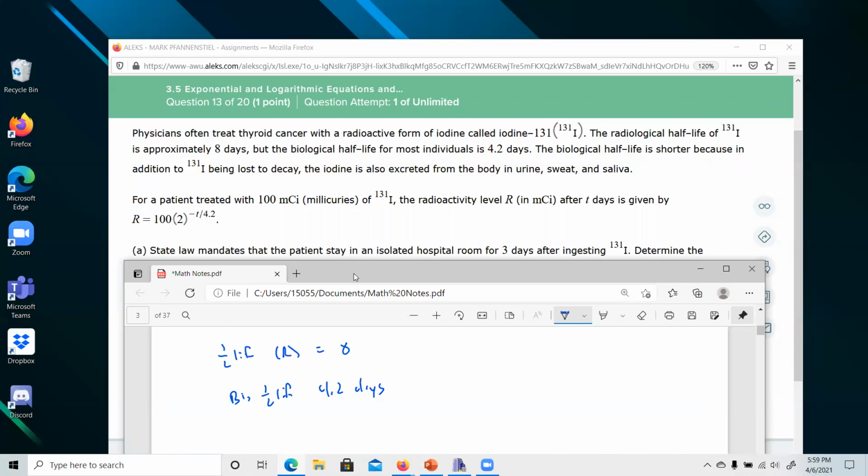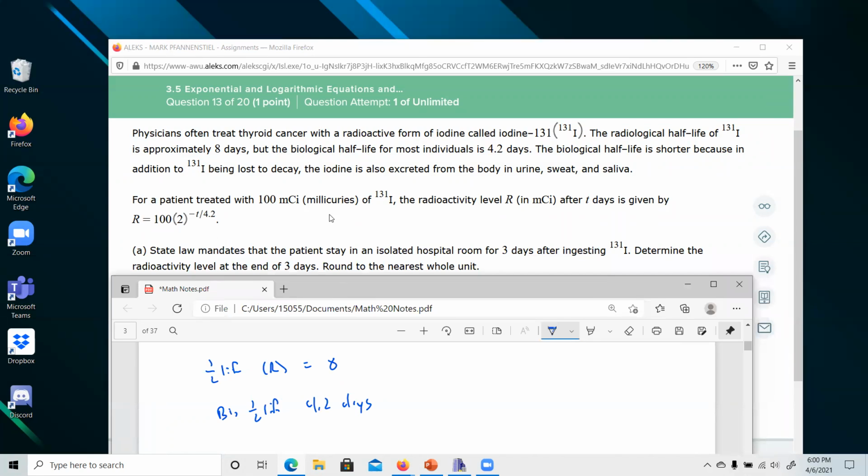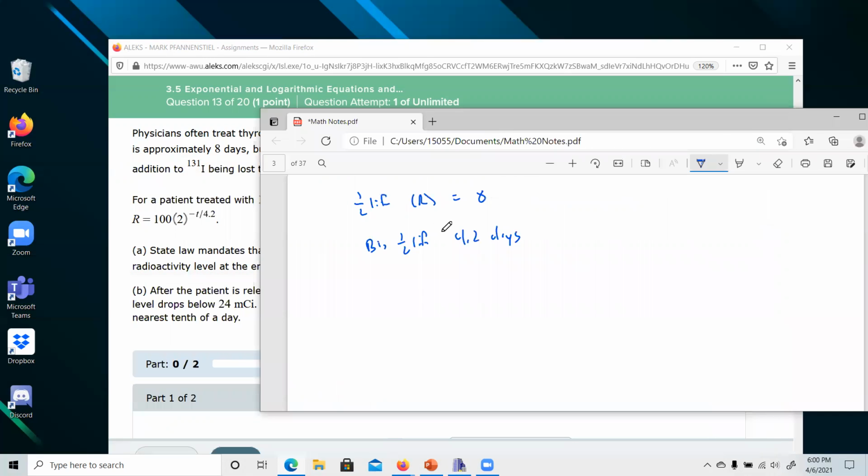State law mandates that a patient stay in an isolated hospital room for at least 3 days after ingesting this stuff. Determine the radioactivity, that's the millicuries, at the end of 3 days, rounded to the nearest whole unit. I went through all that with all the formulas, and they just give us one. Since they gave us one, we're going to take it.